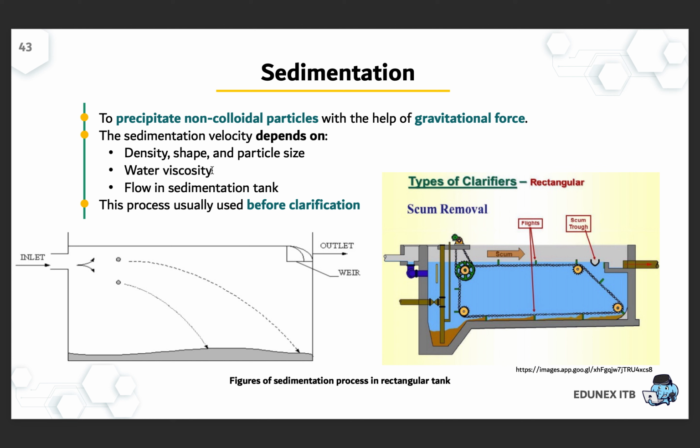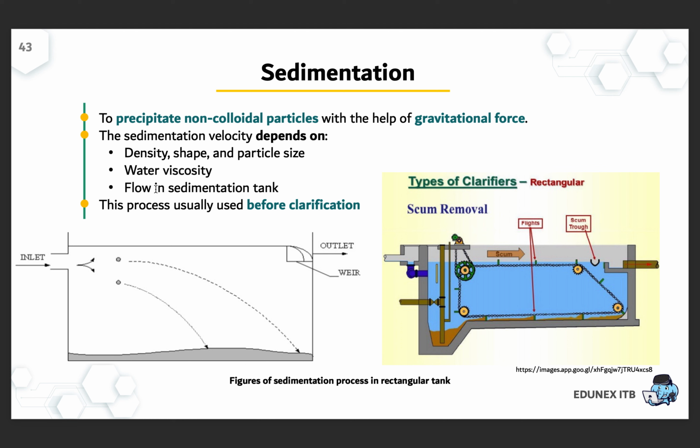If the fluid viscosity is high, the movement of the particle in the fluid is quite difficult, then the terminal velocity of the particle will be less, and it will require a lot more time to be settled than if the fluid viscosity is lower.